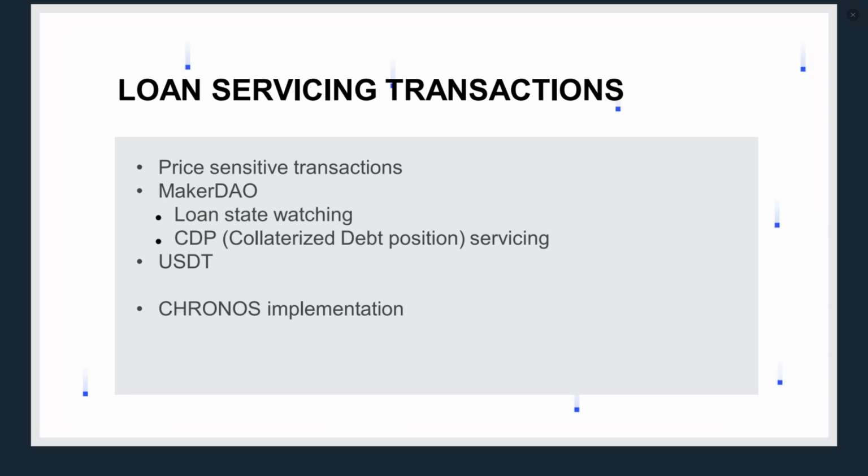If you don't buy it off the market, you have to get your ETH, wrap it in the MakerDAO system to WETH, right? Then you stake that. You use that to generate a loan to get your DAI out.